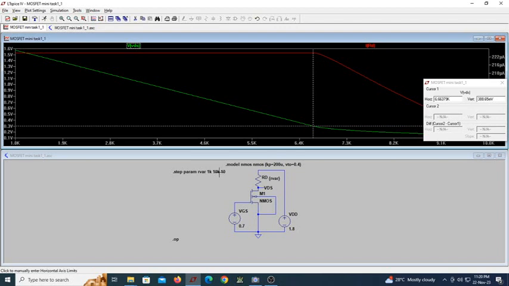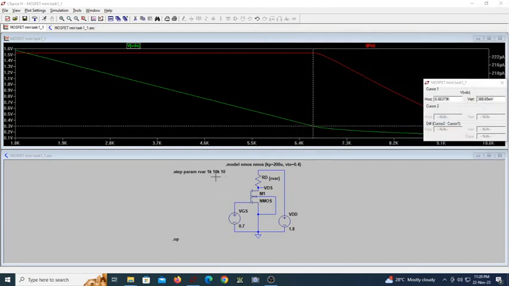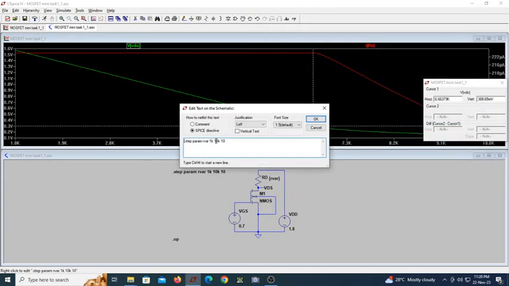Why I varied it up to 10k is because I found in the calculation the maximum resistance, RD max, so that the MOSFET is at the verge of saturation. If the value of resistance goes beyond this, then the MOSFET is in linear and the current also reduces. Suppose you are sweeping from 1k to 5k. Let us see what happens.